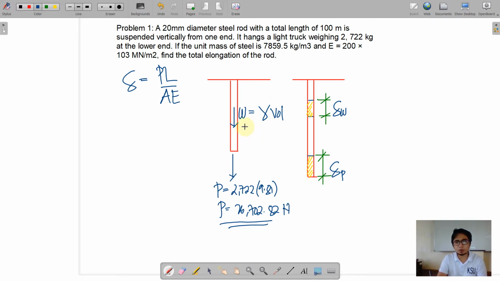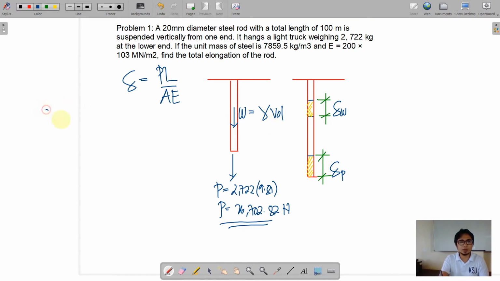Actually, we need to acquire W. For your information and advance information, W is equal to gamma times volume. What is gamma all about? It is all about the value of the unit weight.